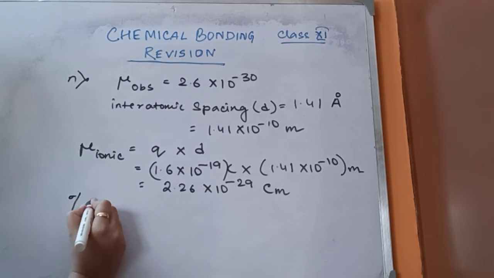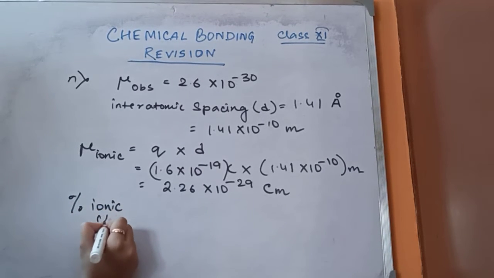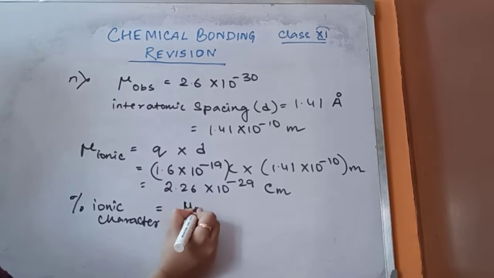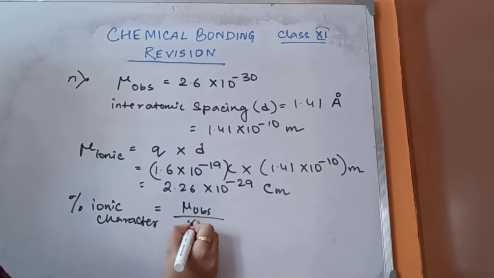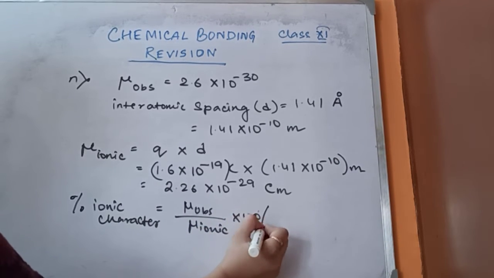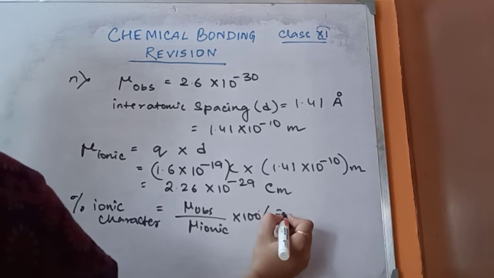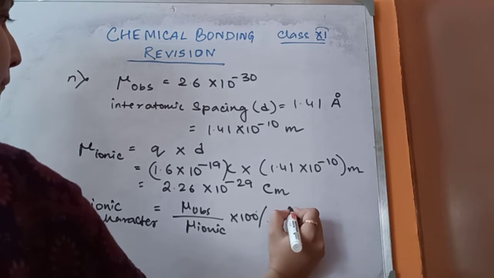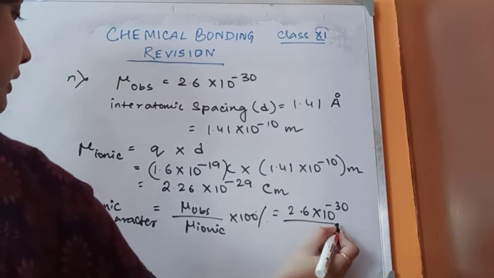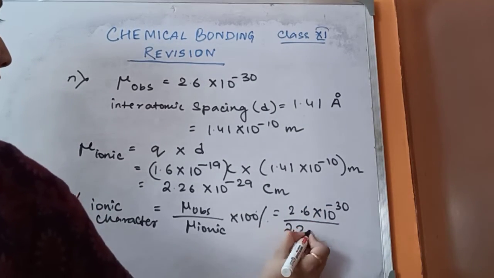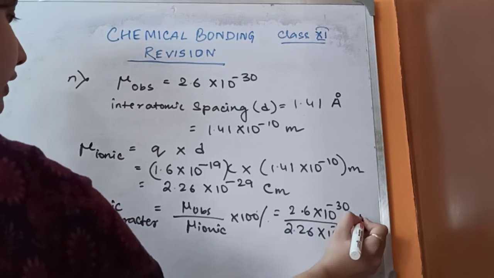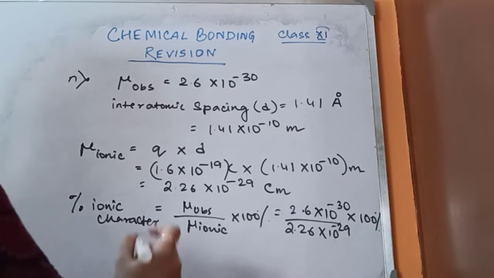So the percentage ionic character will be mu observed by mu ionic into 100%. Mu observed is 2.6 into 10 to the power minus 30. Mu ionic is 2.26 into 10 to the power minus 29, into 100%.